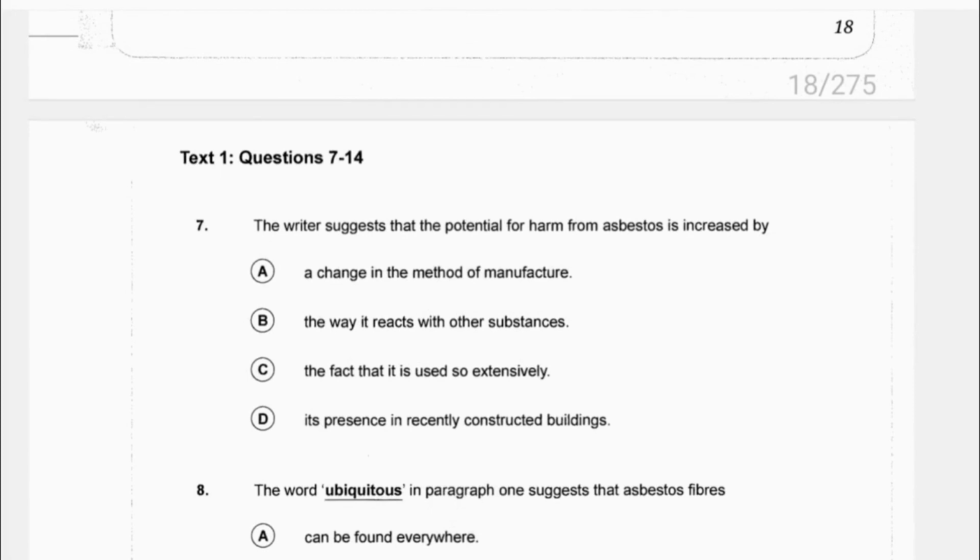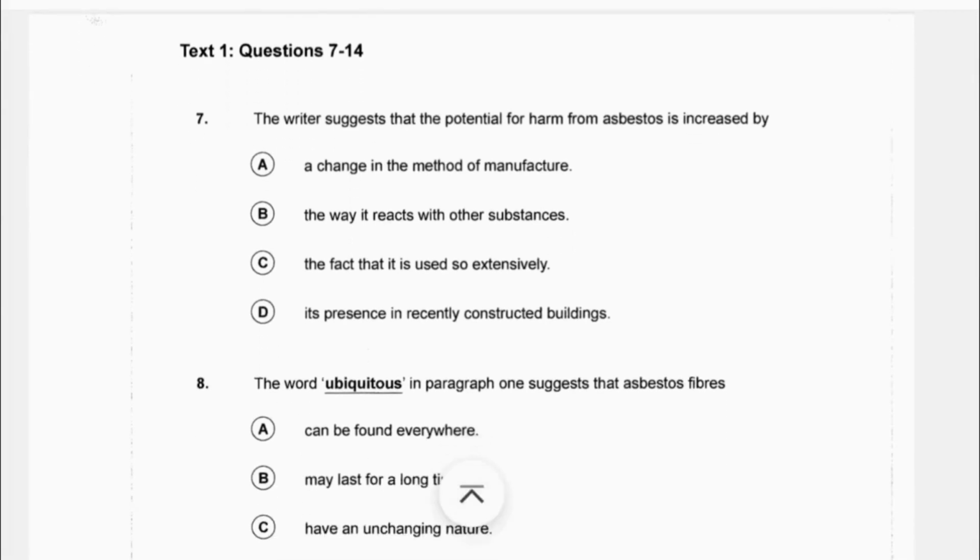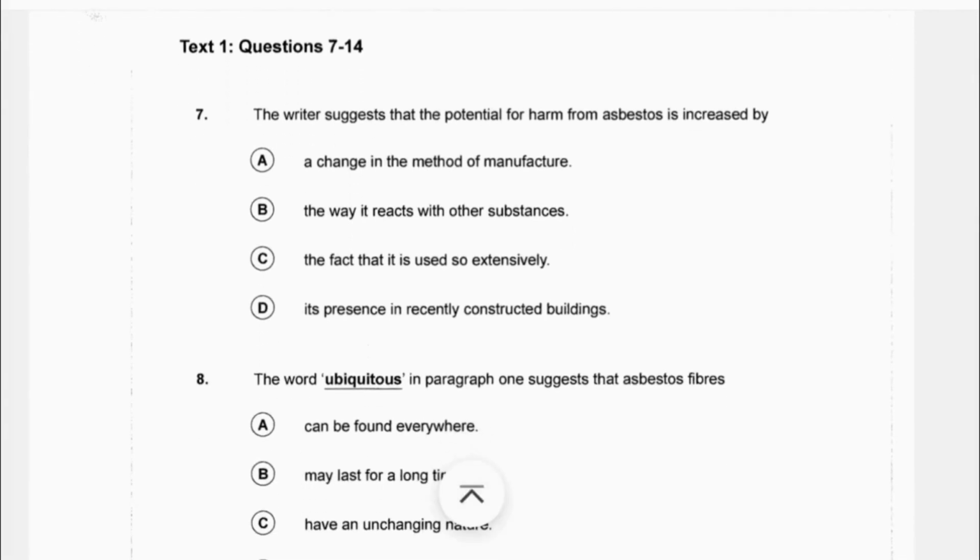For this I would suggest that first of all you read the question and then go back to the article and try to find the answer. The sequence of questions is exactly the same as the sequence of answers given in the article.